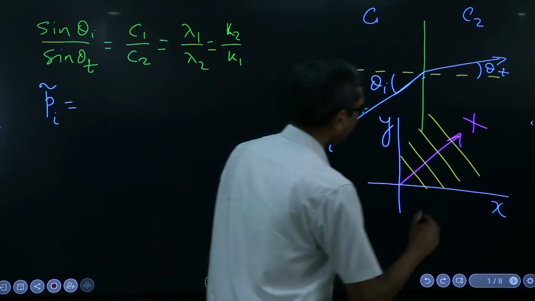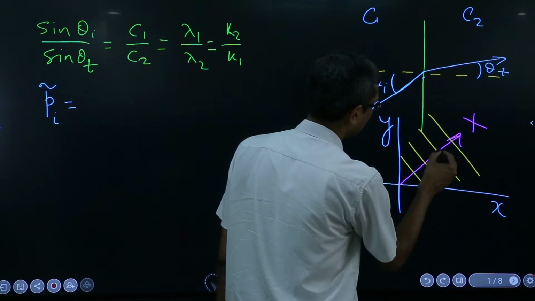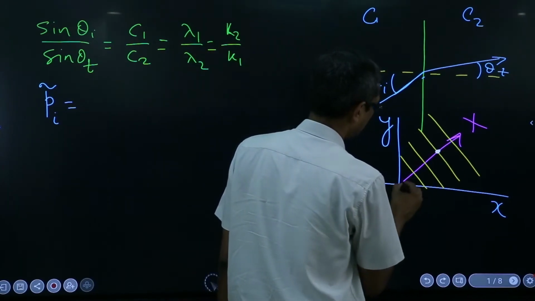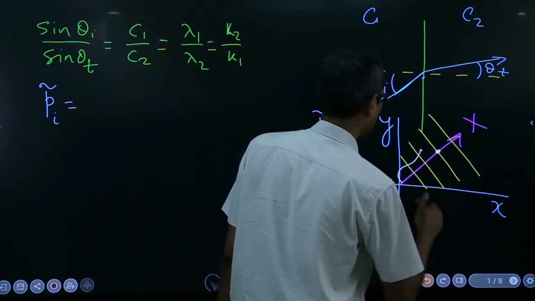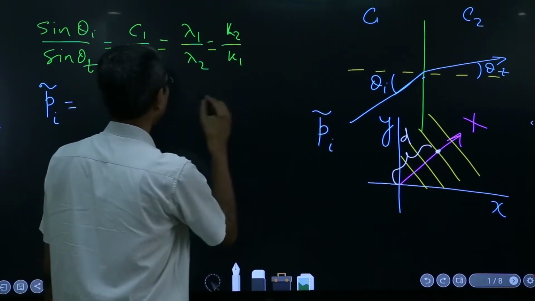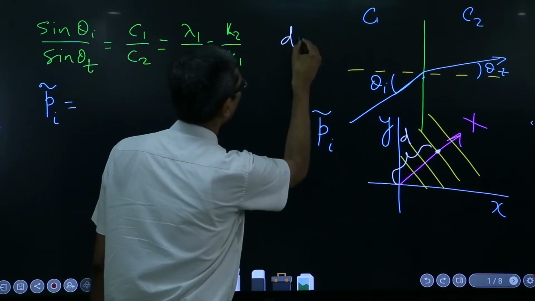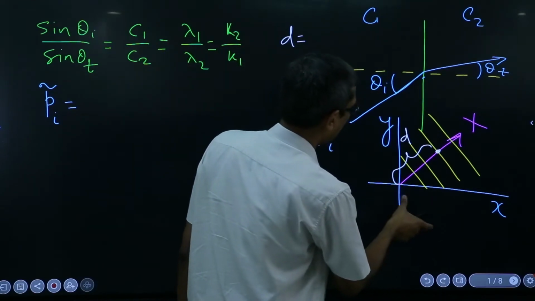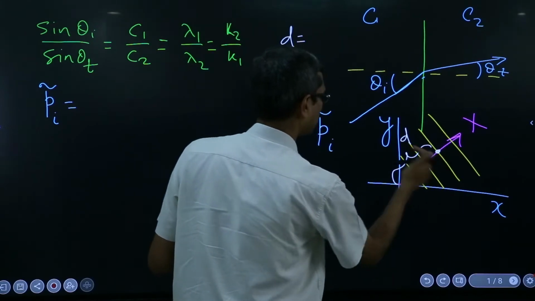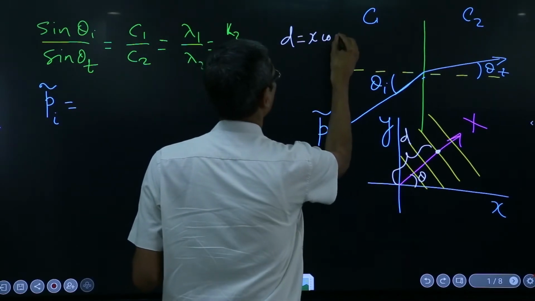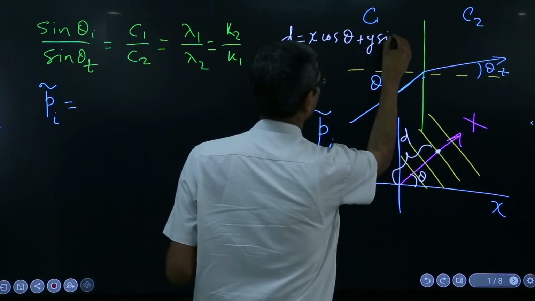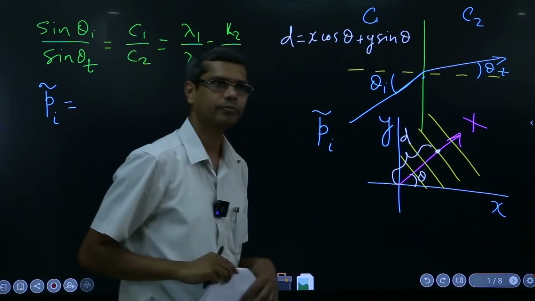And then if a wave has moved to a position, say distance d, now that distance d you can write as what, if this angle is theta, so x cosine of theta plus y sine of theta, right.